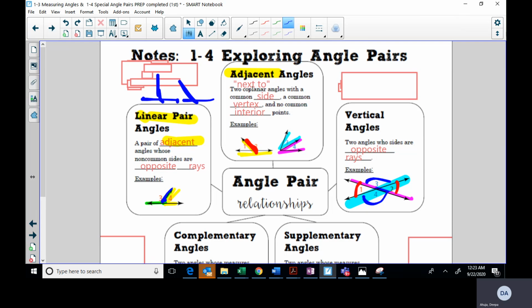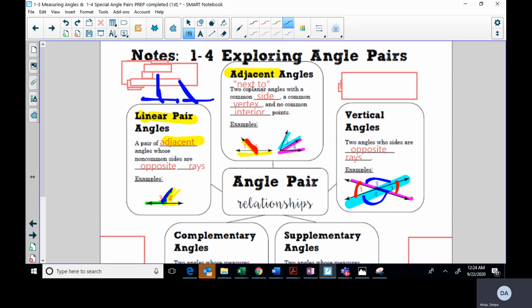Linear pair is also one type of adjacent angle in which we have a common side, common vertex, but their non-common side forms a line. They should always be identified with the base line. You should have that base line up there, and the common side can be vertical, straight, or slanting anywhere, but you should have a baseline for that linear pair.